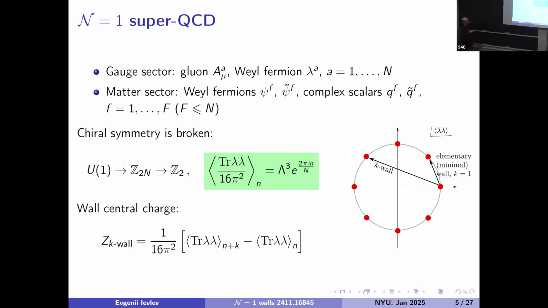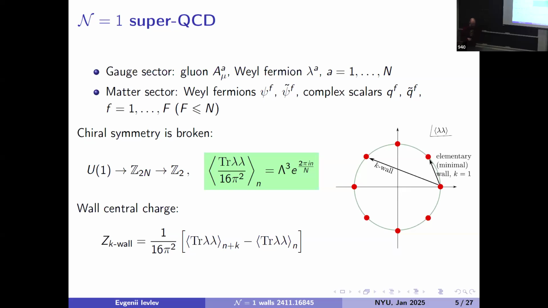But these Weyl fermions, which are gluinos, are chiral, and they lead to breaking of chiral symmetry. There is a U(1) chiral symmetry, which is broken by the anomaly to Z_2N. And this Z_2N is further broken down spontaneously by gluino condensation to Z_2. Z_2 just takes lambda to minus lambda.